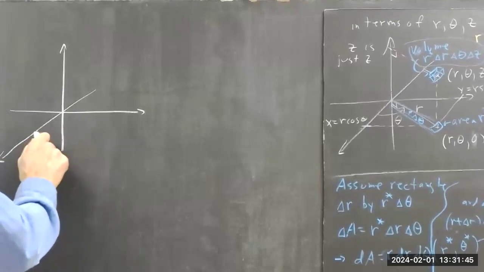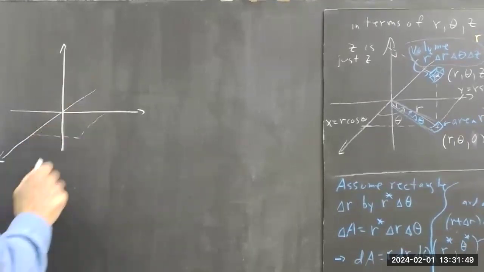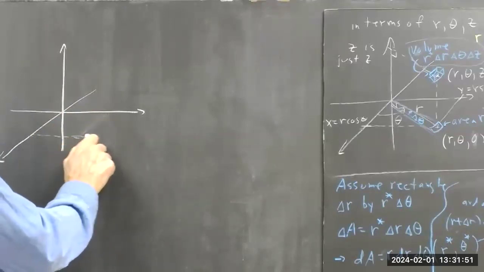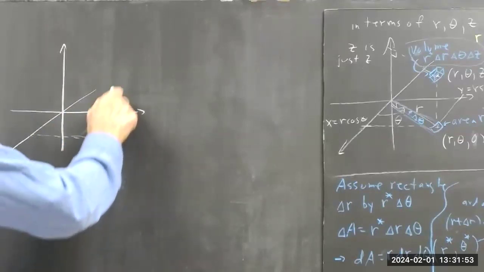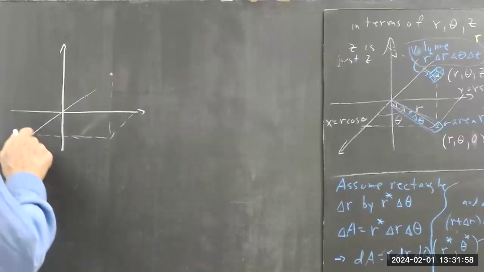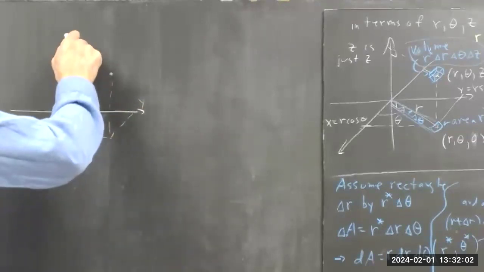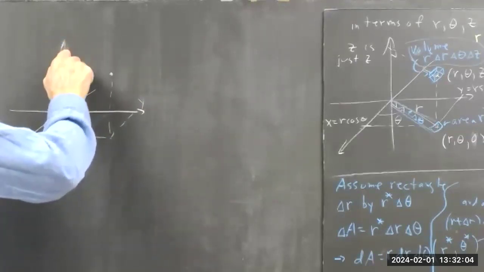Now I'll just locate a point using rectangular coordinates, so you know what X, Y, and Z are.